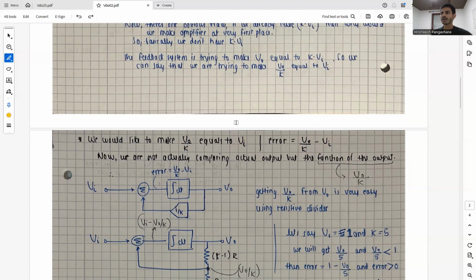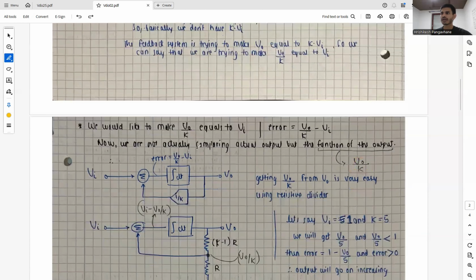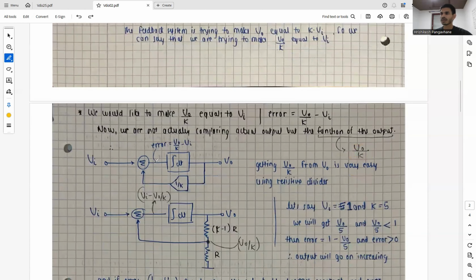Now we are not actually comparing the actual output, but we are comparing a function of the output, which is basically V naught by K, where K is our gain. And when we look at our error now, we have V naught by K minus Vi, or vice versa, Vi minus V naught by K.